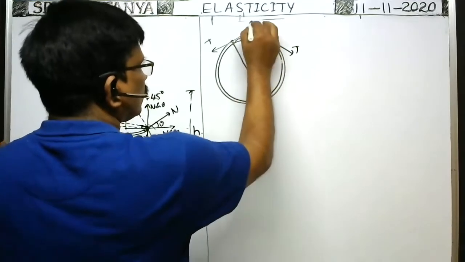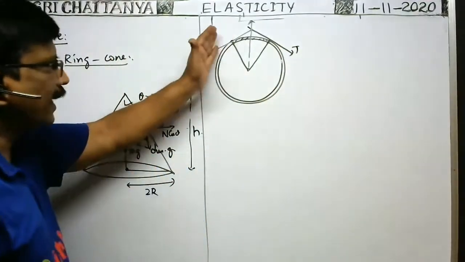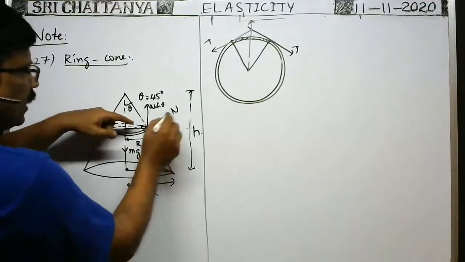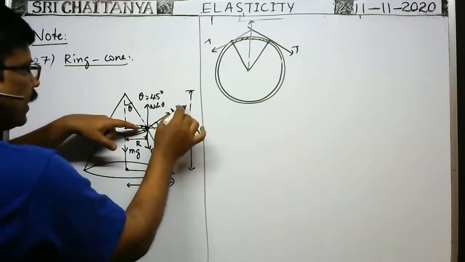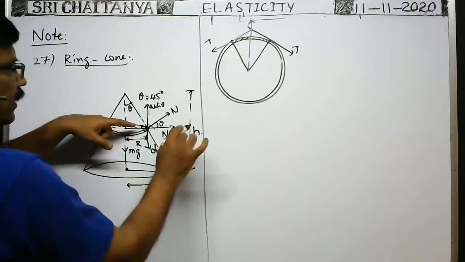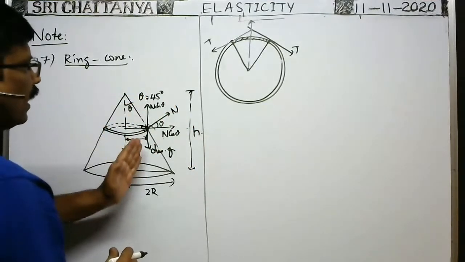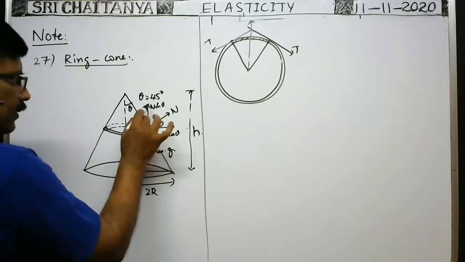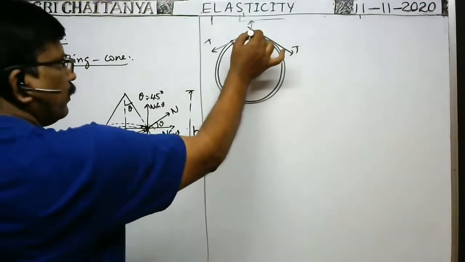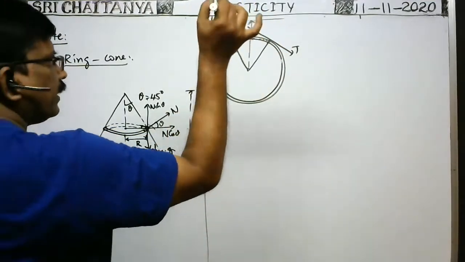Okay, now here you see these tensions are in the horizontal plane. When you consider the element here, the normal reaction acts in this direction and its components act in this direction and in this direction. So along the vertical direction, on the element, the normal reaction component N sin theta acts upwards and the weight downwards.